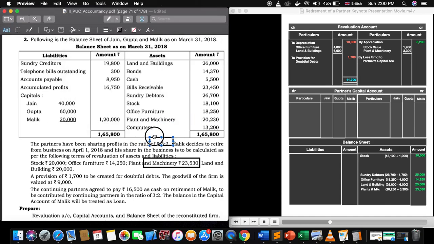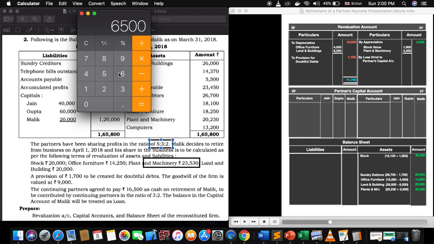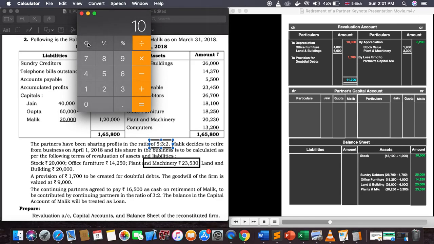So old profit sharing ratio is 5 is to 3 is to 2. So if you add the totals, 5 plus 3 plus 2, that is 10 shares. So Jane has to pay 5 out of 10, 5 divided by 10 into 6,500 is the loss. So Jane has to pay 3,250.